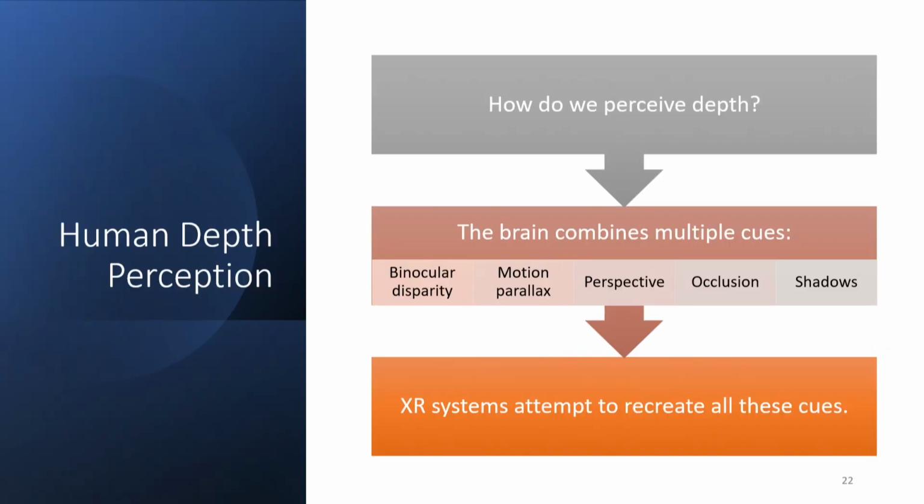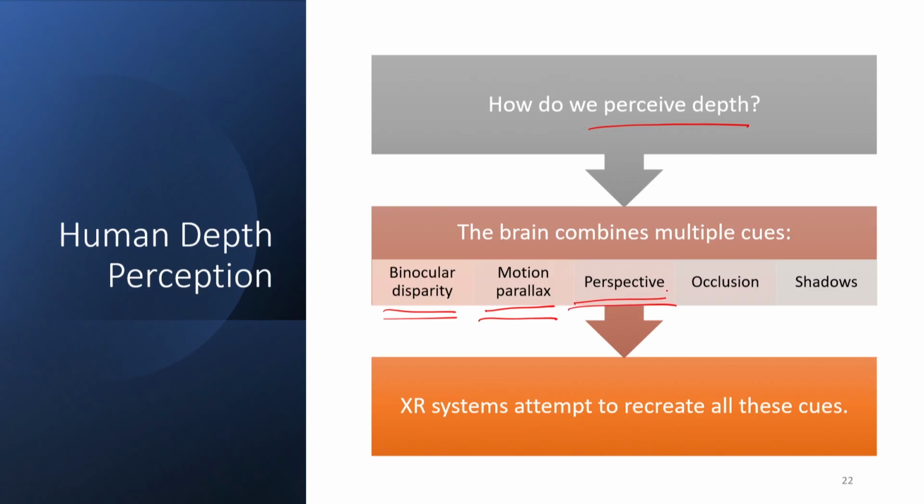Another key concept is that of human depth perception. If we think about how humans perceive depth, the brain is combining multiple cues to give you a sense of depth. This includes binocular disparity, the differences observed by the two eyes, motion parallax, which we will study a little bit later.